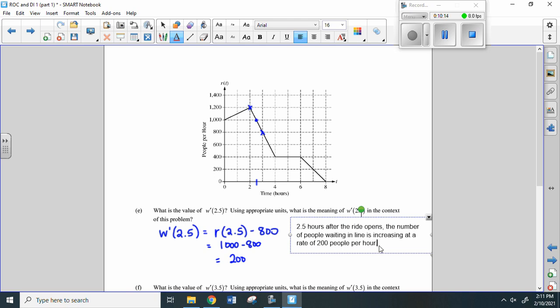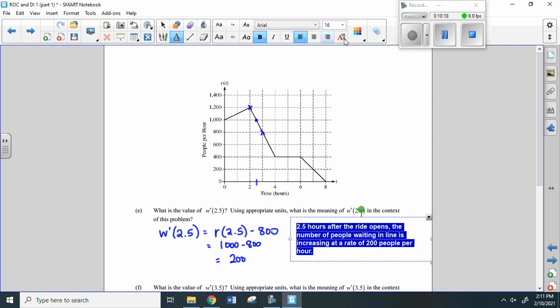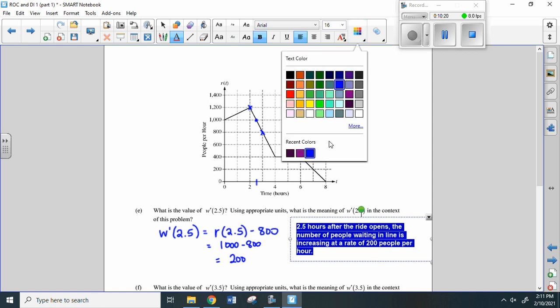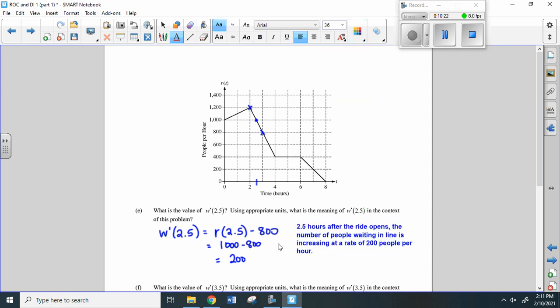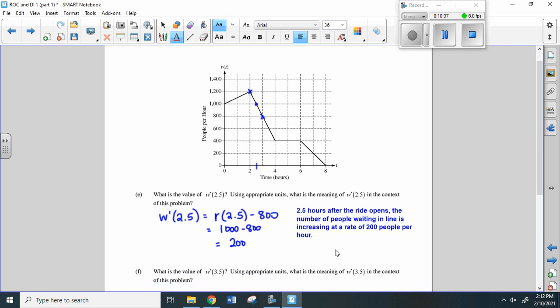Again, you may need to read back the details on the previous page, but W of t represented the number of people waiting in line. So W prime would be the rate of that number of people per hour, okay? And since it's positive, it is increasing.